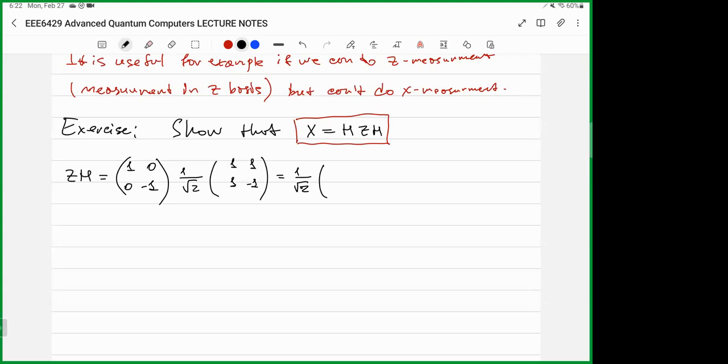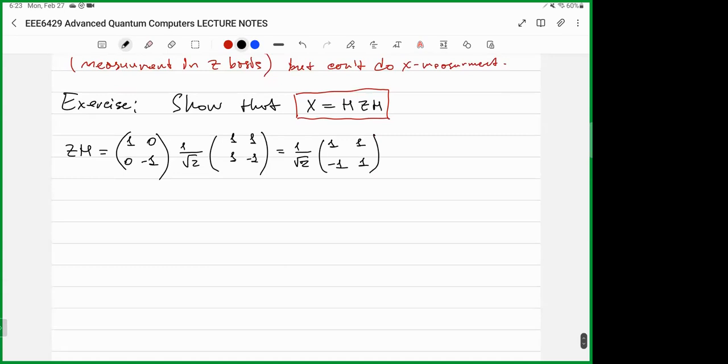So 1 times 1 plus 1 times 0 equals 1. Next, 1 plus 0, which is 1. Next, 0 minus 1 is equal to minus 1, and finally minus 1 times minus 1 is equal to 1. Right, so this is for ZH.